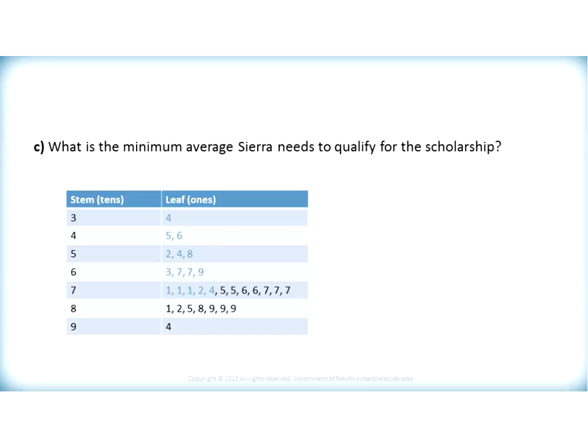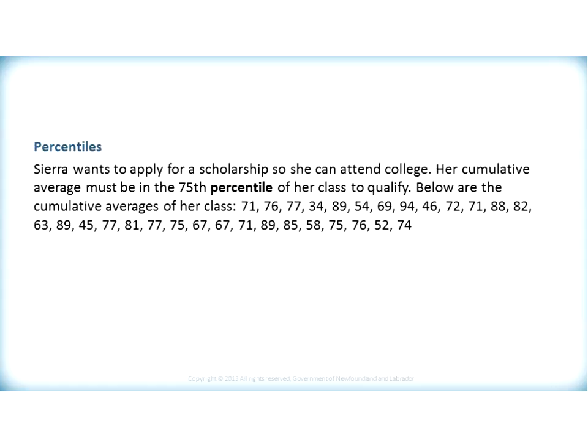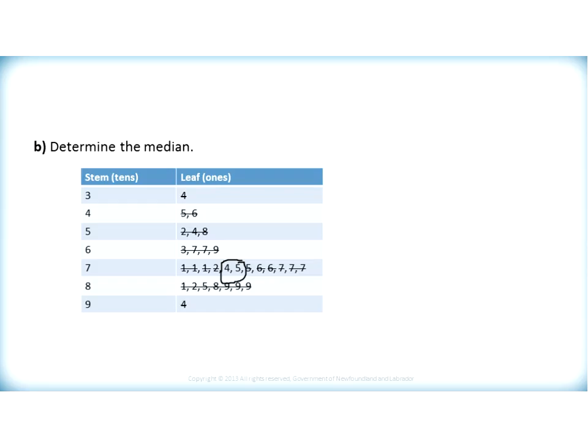The next question asks, what is the minimum average Sierra needs to qualify for the scholarship? Well, if I go back to the right slide, she needed to be in the 75th percentile in her class.